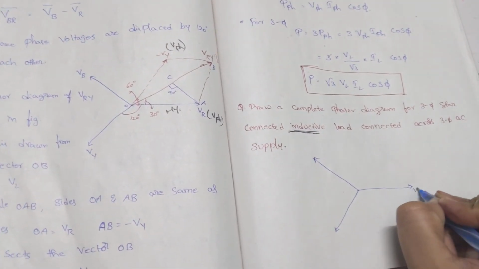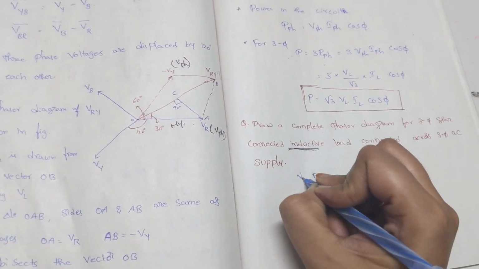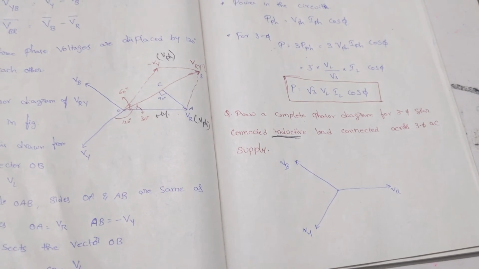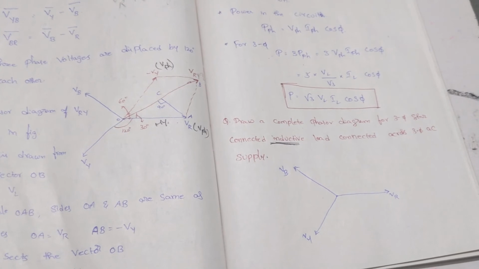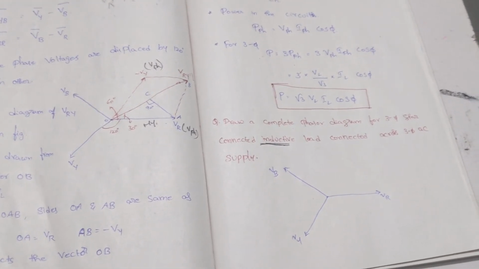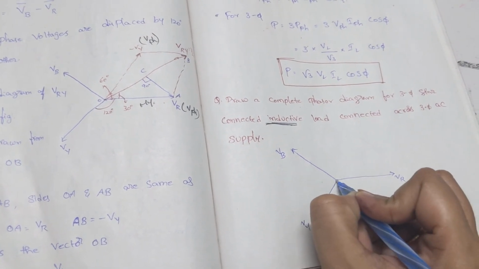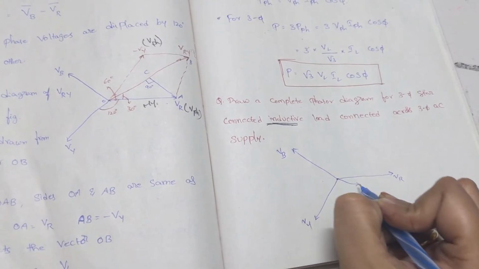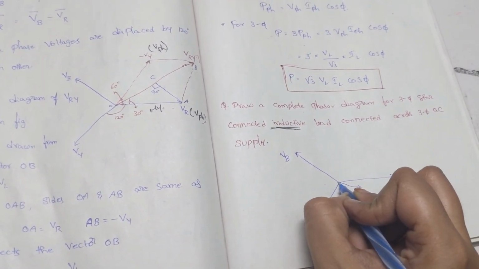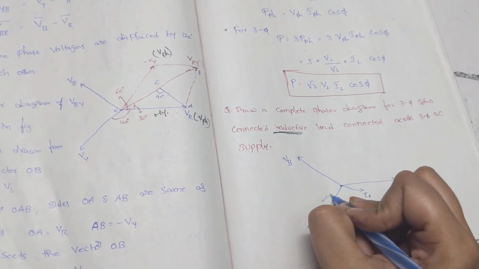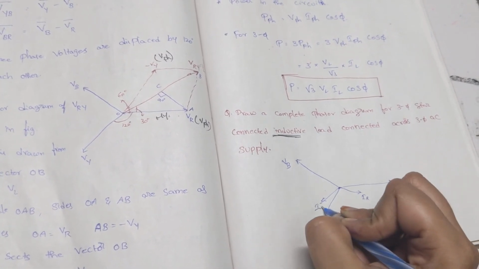This is VR, this is VY, and this is VB. Now due to the inductive load, the current is lagging by an angle phi. This is IR, this is IY, and this is IB.